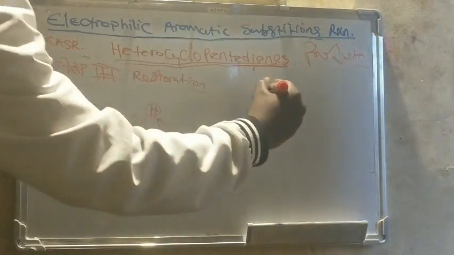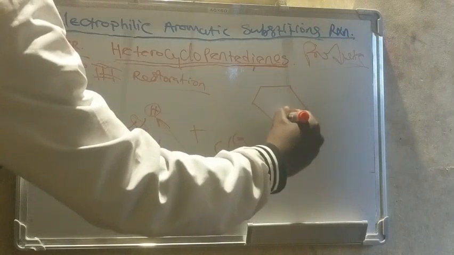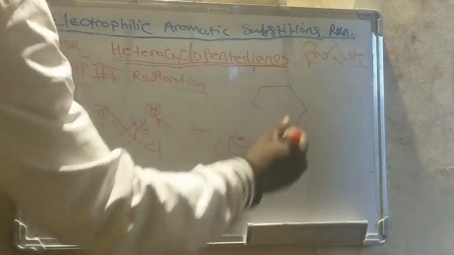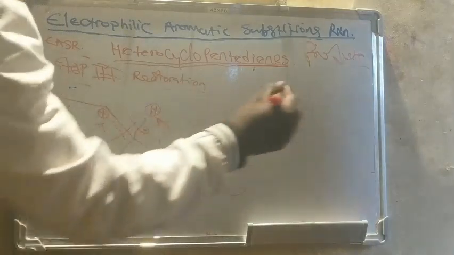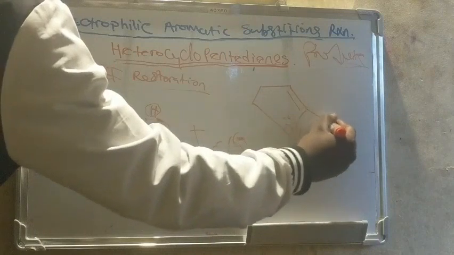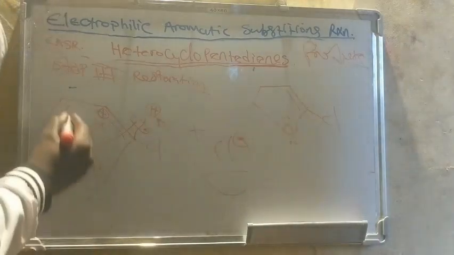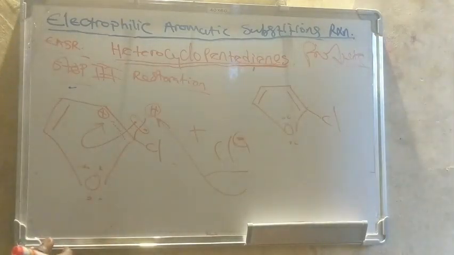So we have our heterocyclic ring whose aromaticity has been restored. We have our newly formed pi bond at this position here. And then we have our attached molecule chlorine. And then already existing pi bond on this position. Okay.